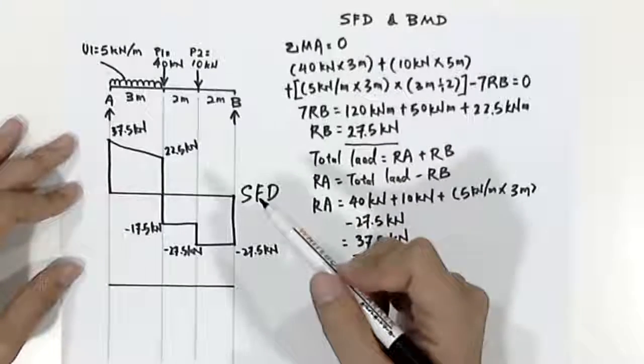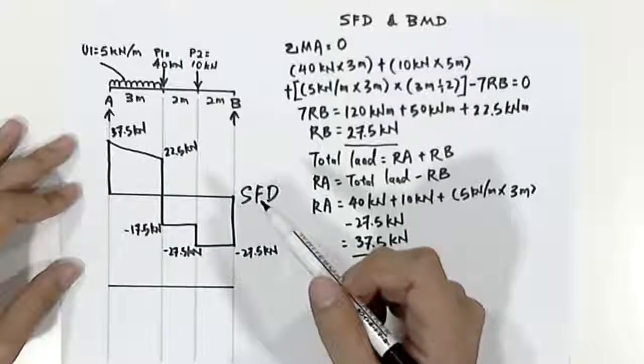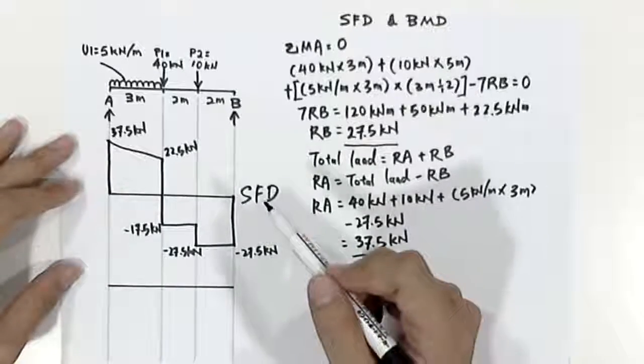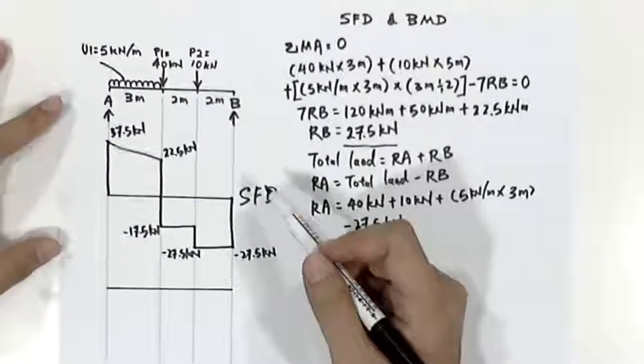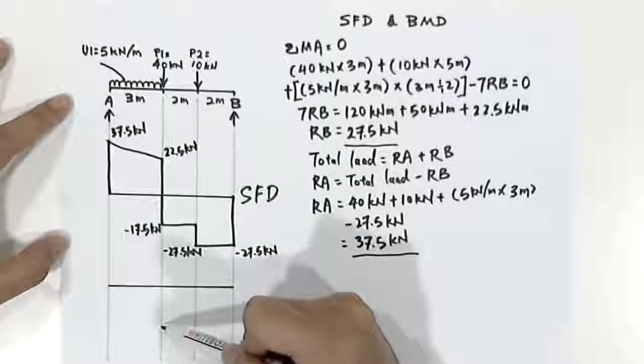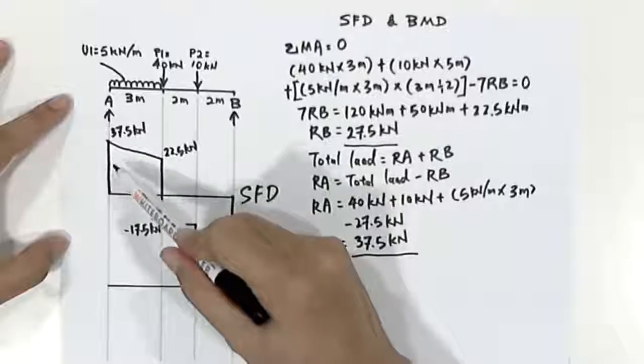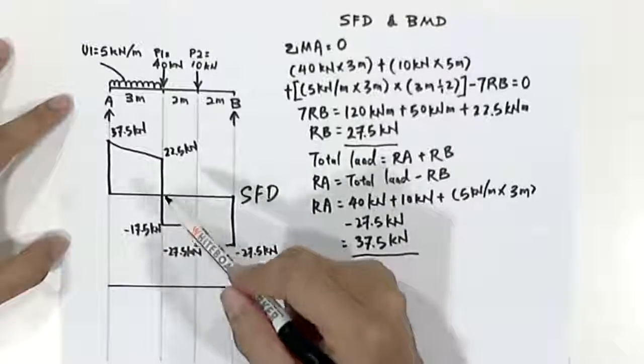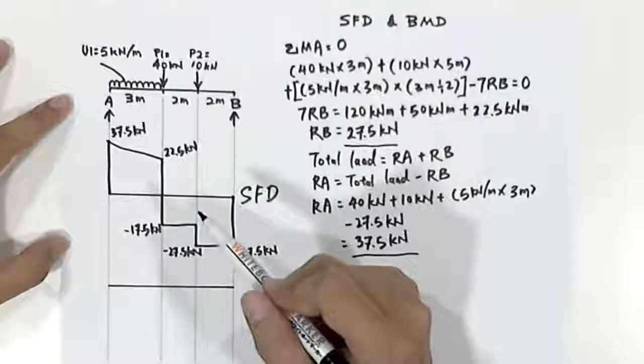The next step is to do the bending moment diagram. As we know, the value of the bending moment basically is the same as the area in our shear force diagram.